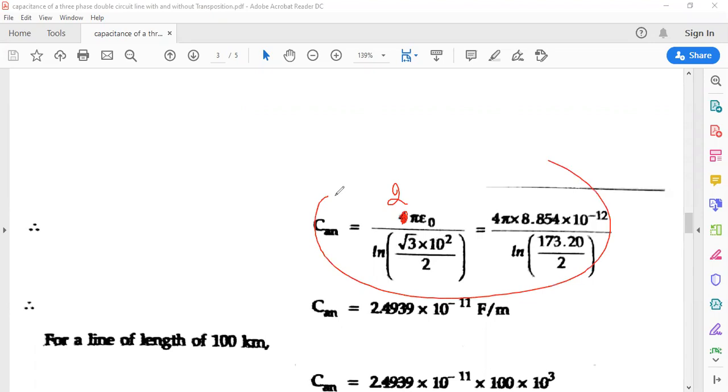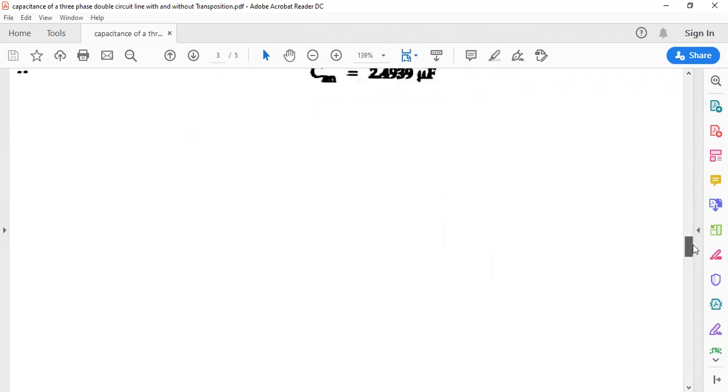This is the numerical problem that needs to be solved. We have slight corrections to be made. So see to it that you follow it, and I'll be sending you the corrected version in written format.